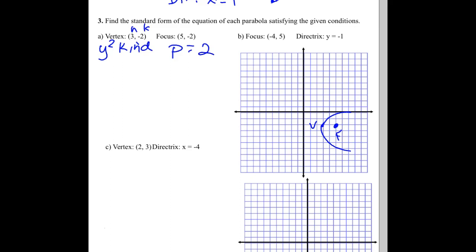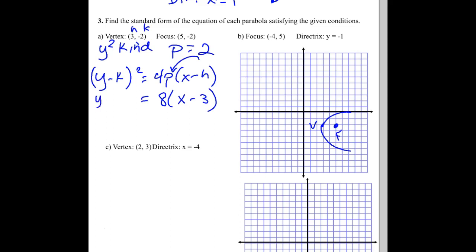We said it's a y squared kind. Right? So y minus k equals 4p times x minus h. And let's plug in what we know. We know p is 2. So what am I going to have here in front? An 8. X minus, what's the h coordinate? 3.